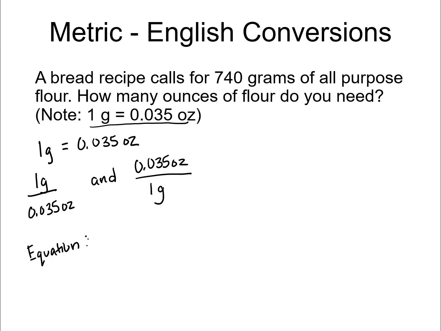To set up our equation, as usual, we've got to choose which unit factor we're going to use. We want the grams to be in the bottom so we can cancel it out.